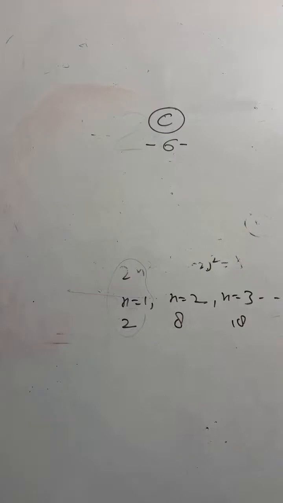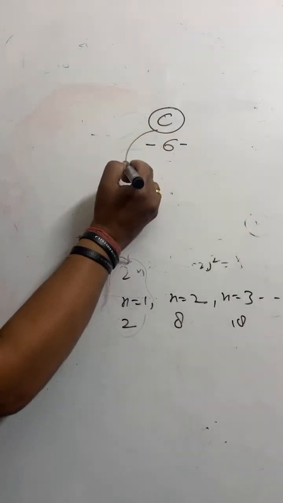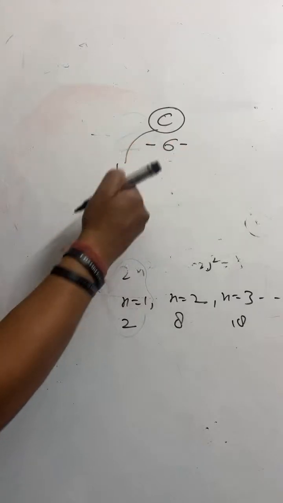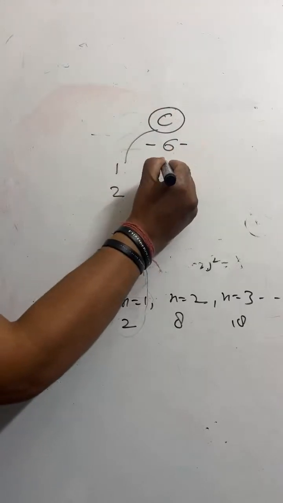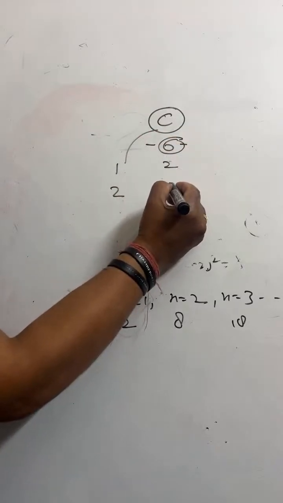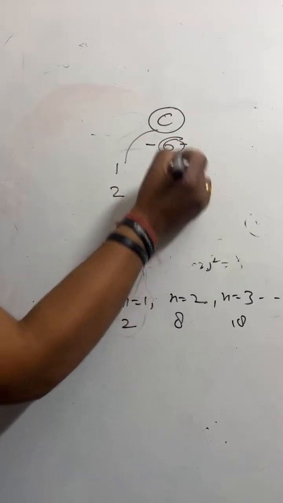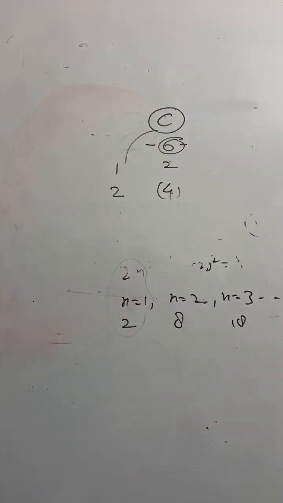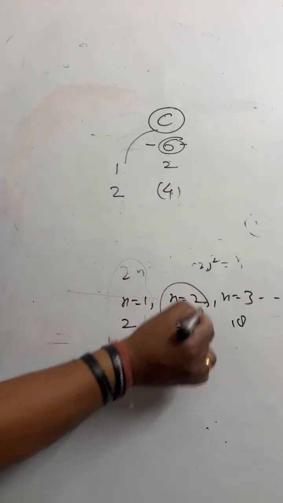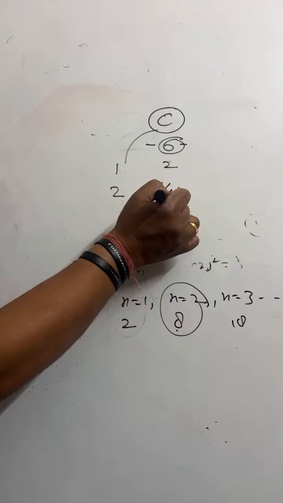Out of 6 you can take 2. Now in the second orbit, what is left? 4 electrons are left, so 4 should be in the second orbit. But according to Bohr's rule, the number of electrons in the second orbit must be 8. But here we have 4.